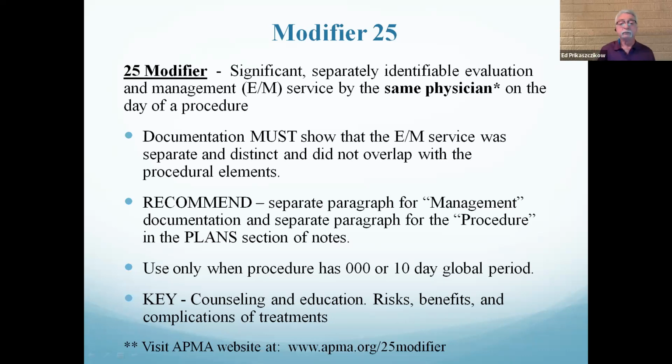The documentation must show why the service was separate and distinct from the procedure that was performed on the same day. So if you do an E&M and a procedure on the same day, the E&M needs that 25 modifier. And if your documentation is appropriate, you can get paid for this. Now, this is used for when you're doing a minor procedure.